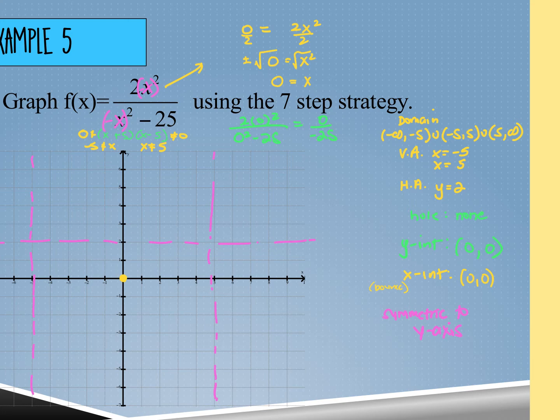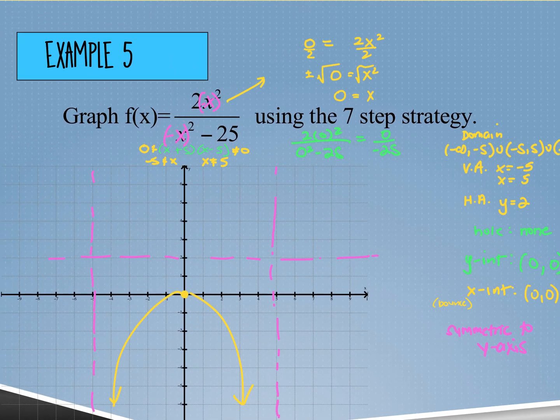No, which means this is one of those graphs that's going to have a parabola shape in the middle. And when it does that, the outside curves go in the opposite direction. Because it has to be symmetric to the y-axis.